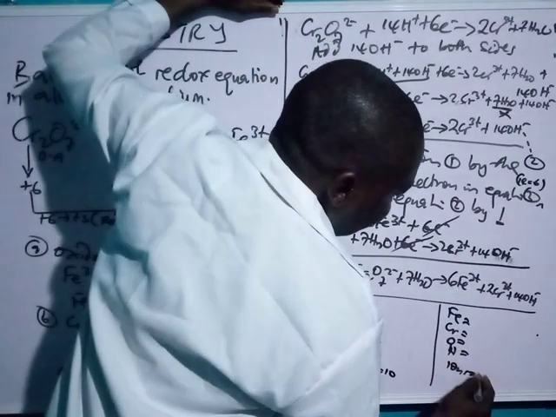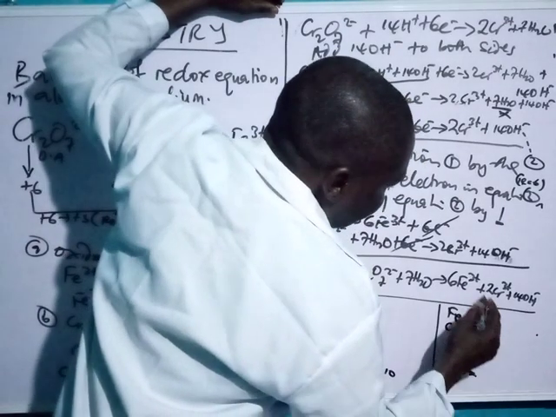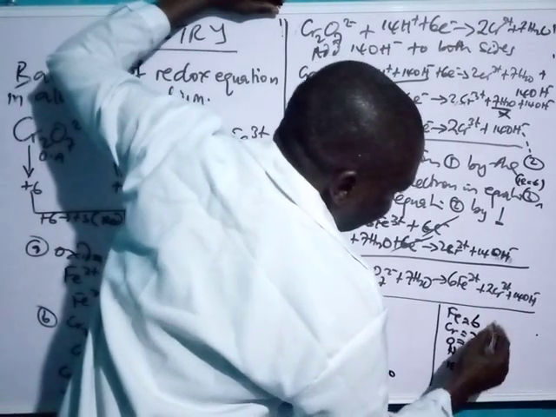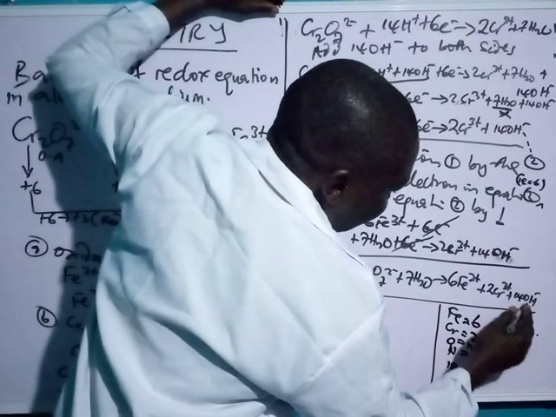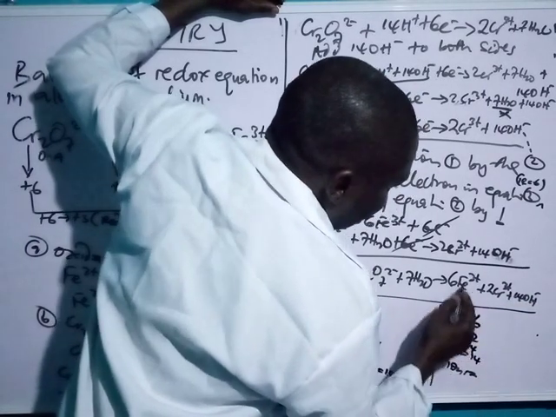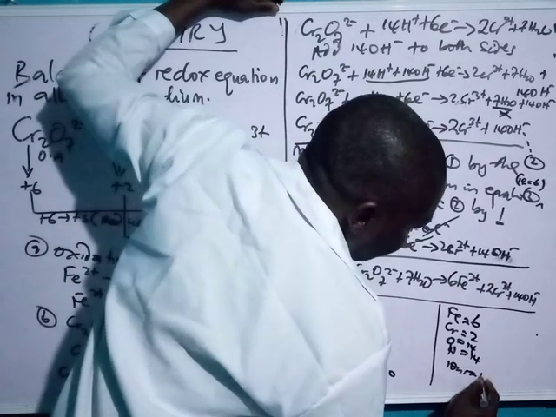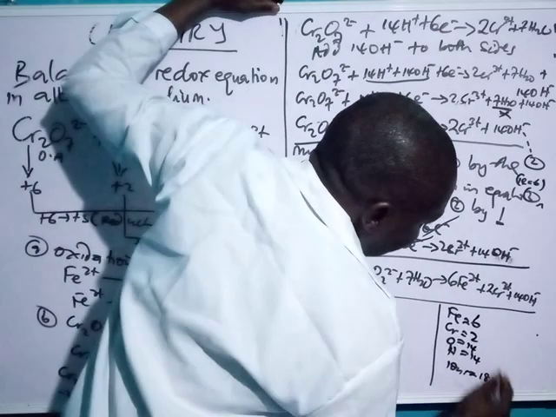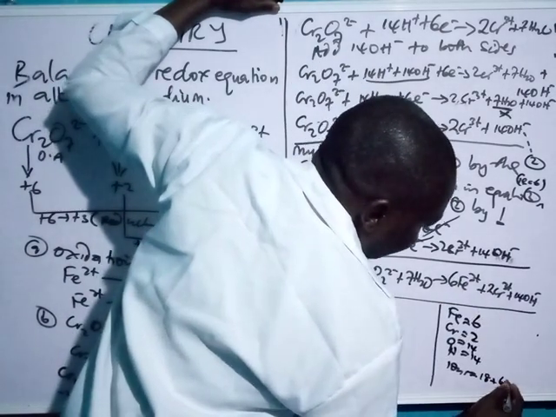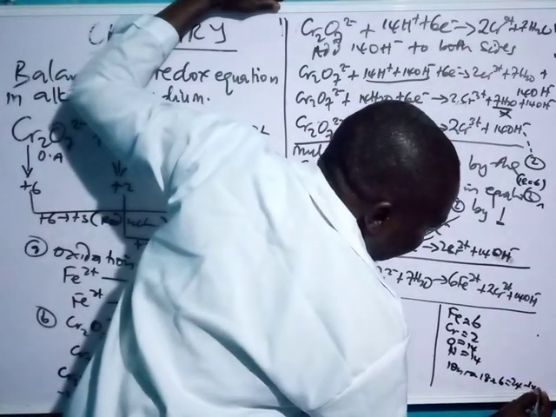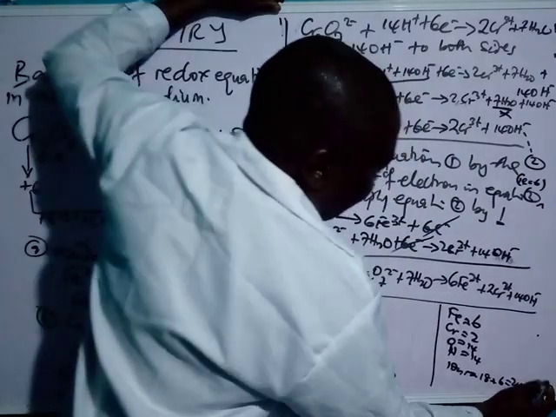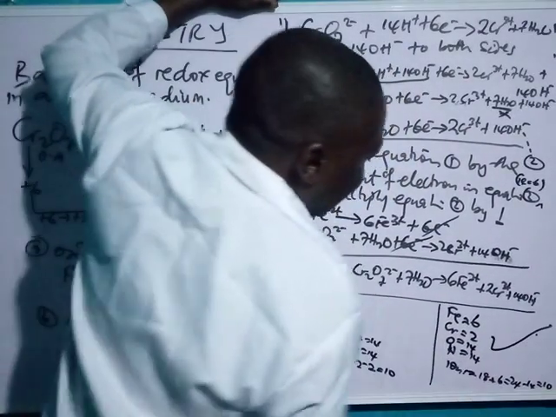Then for the other side, iron is 6, chromium is 2, oxygen is 14 from OH, hydrogen is 14 as well. Then the ions: 6 times 3 is 18, plus 2 times 3 is 6, which is 24. But here you have minus 14, which gives 10. So you have everything balanced out.